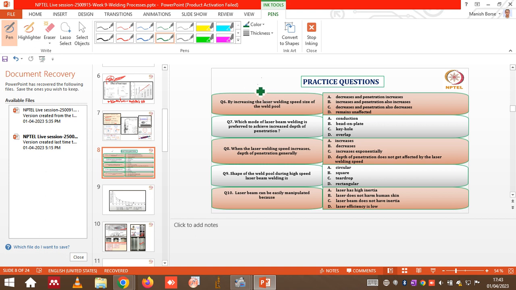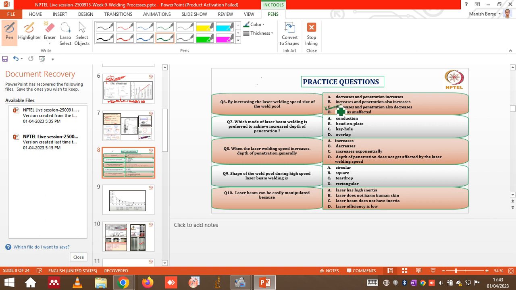So obviously the nugget area will be smaller, and depth of penetration will also decrease. We can say the weld pool area will decrease by increasing the welding speed. So with welding speed, weld pool area decreases and penetration also decreases. So C is the correct option for that.